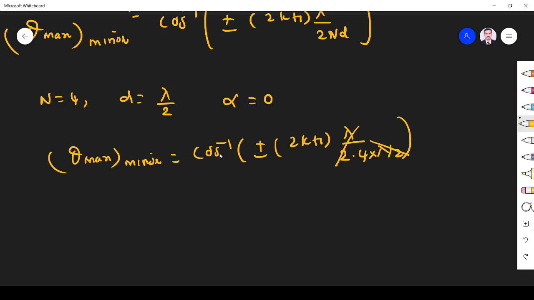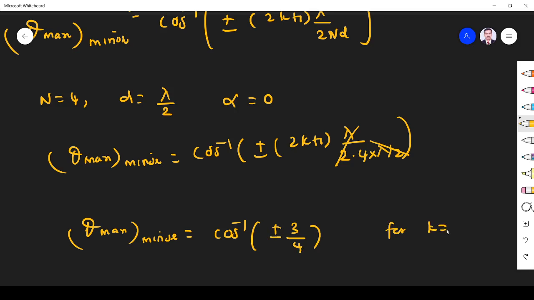So if you simplify, theta max minor occurs at, for k equal to 1, cos inverse of plus or minus 3 by 4.